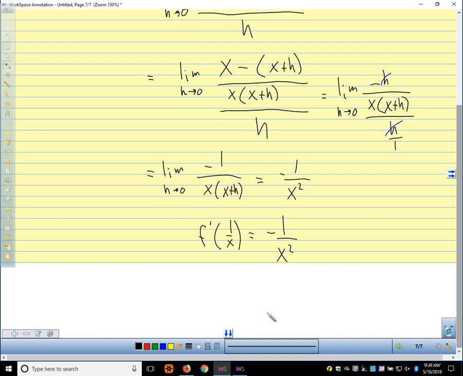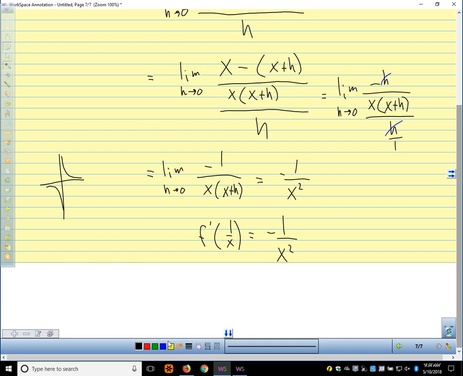When is this equal to 0? Never. f of x equals 1 over x doesn't have a maximum or minimum. And if we graph it, 1 over x, remember, looks like this. Doesn't have a maximum or minimum. But it's bottom heavy, so it has a horizontal asymptote at y equals 0.